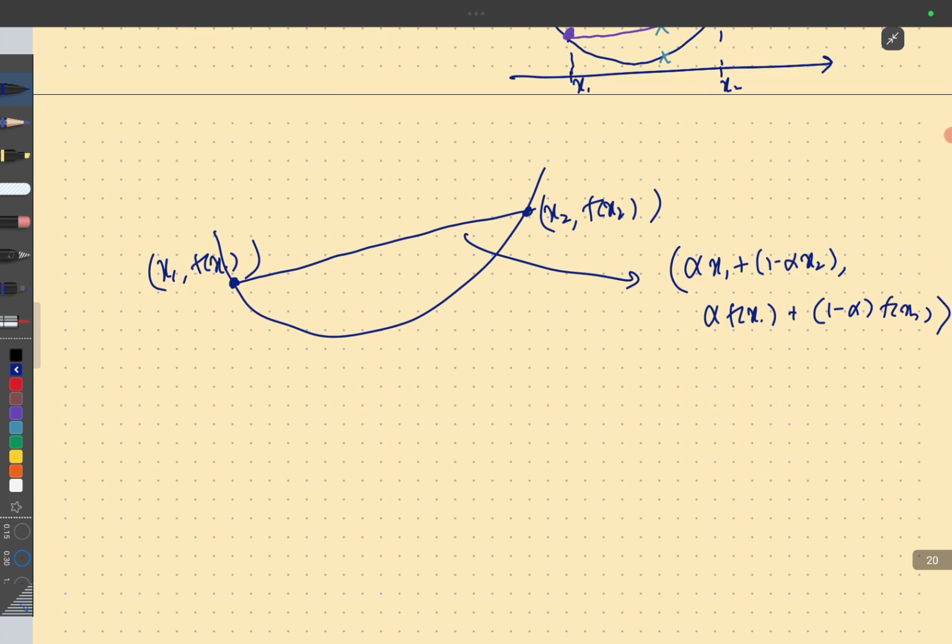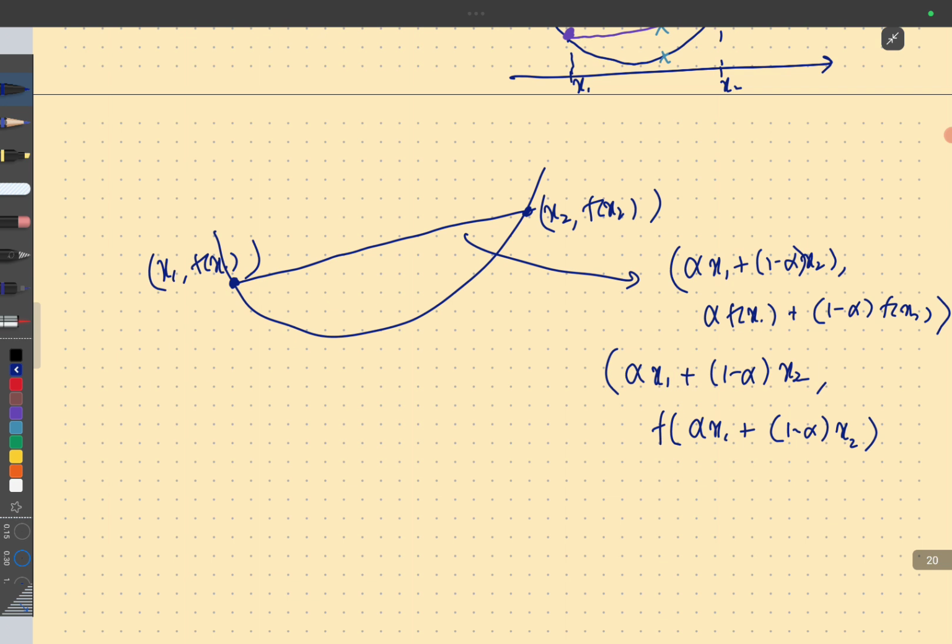So for the same range of alpha, let's consider alpha x1 plus 1 minus alpha x2, comma f of alpha x1 plus 1 minus alpha x2. What does this correspond to? A point on the curve, right?